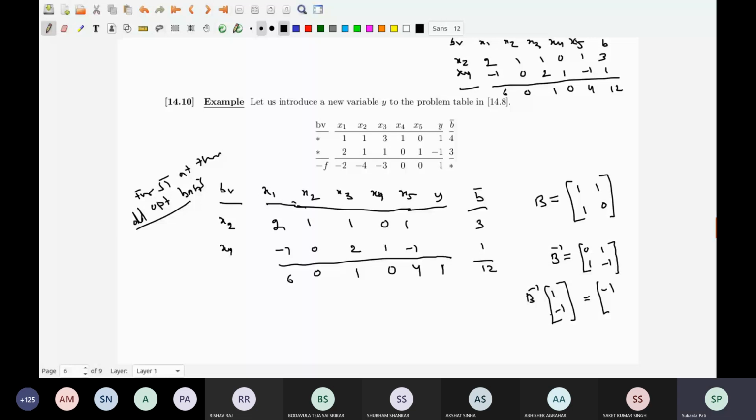But what about this particular entry 1 that is supposed to be 0? You add the first row to this one, and that will make that entry 0. But that will be a problem.